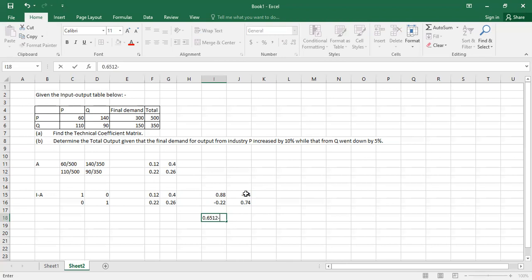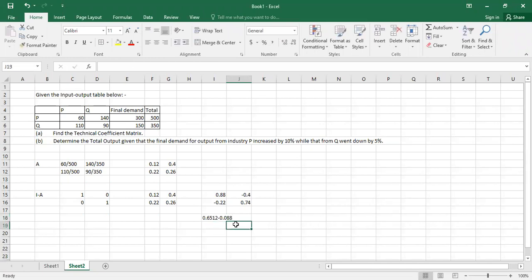What do you get? What is 0.22 multiplied by 0.4? 0.088.